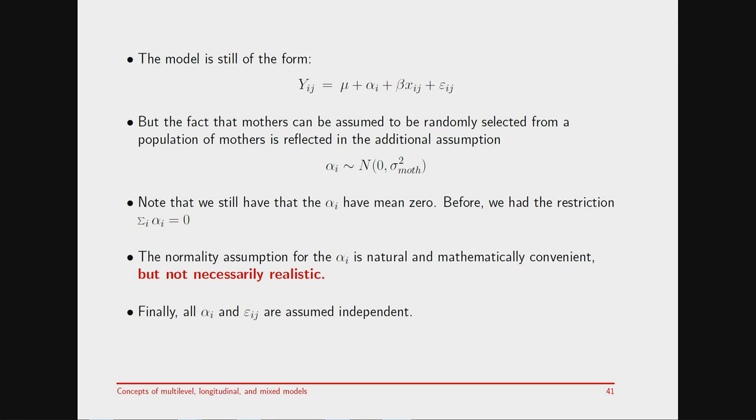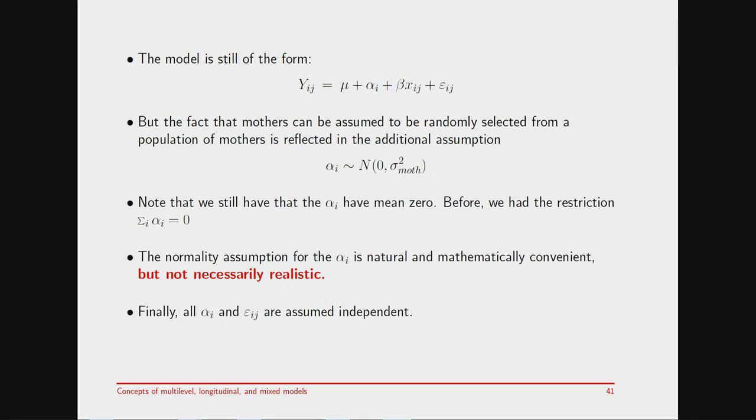And that variability, you can already see what is going on. In the first part today, I told you that we would deal with the correlation by modeling variability. Variability between the clusters. That's exactly what we're doing here. Because the clusters here are the mothers, and we're modeling the variability between the mothers.